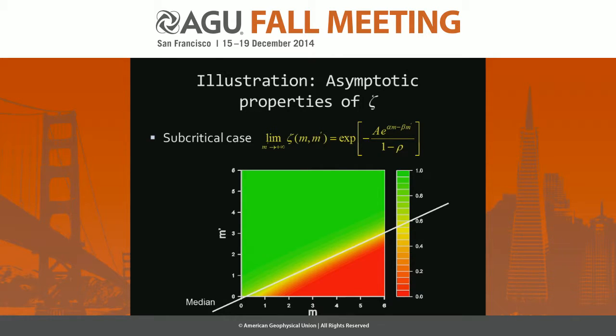Let's come to the zeta function again. This figure shows the subcritical case. For large magnitude, zeta can be approximated as a function of a linear combination of those two magnitudes, m and m prime.